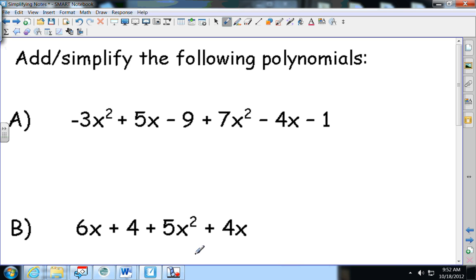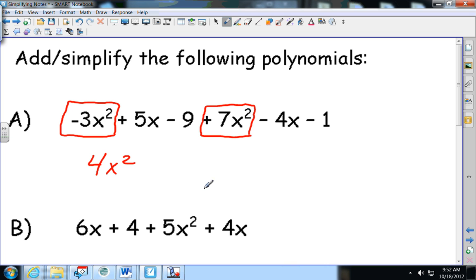Now, looking at this one. Here's what I do, because you can draw out the tiles if you want to. But what I do is try to find the things that go together. So right here, I'm going to box in my x squareds. Those are the only ones I have in there. I have negative 3 plus 7, so I have 4x squared.